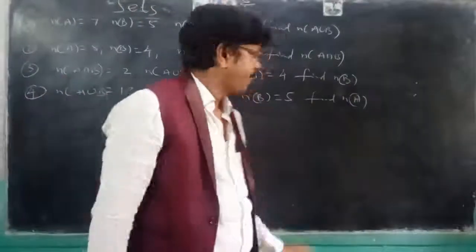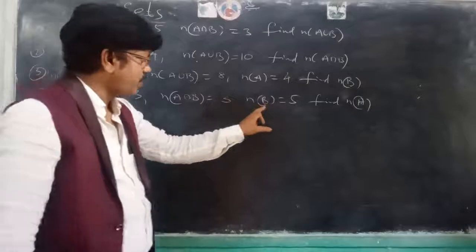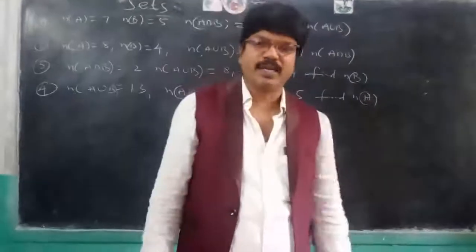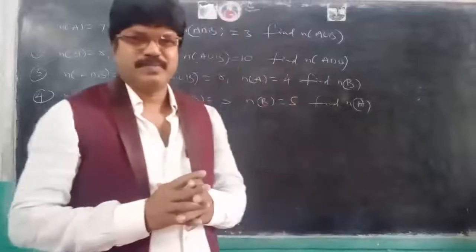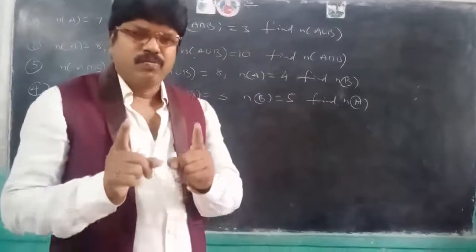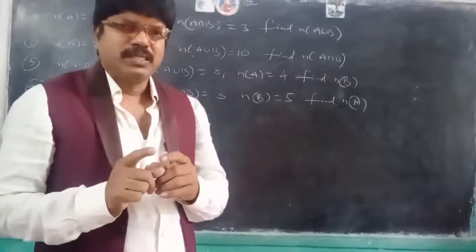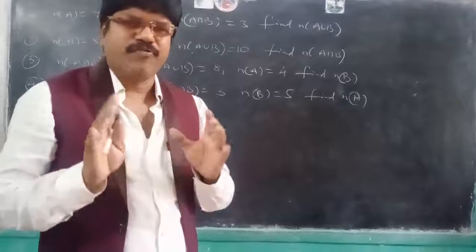Find N of B. N of A union B given, N of A intersection B given, N of B given. Find N of A. How would you find? Get clarity. If you have once known the clarity, you don't forget forever.